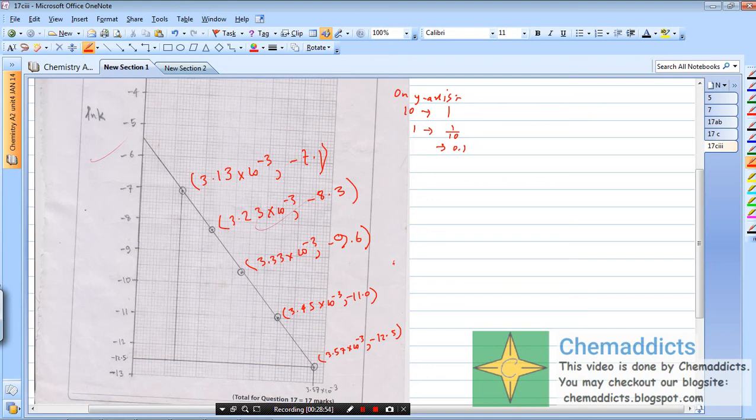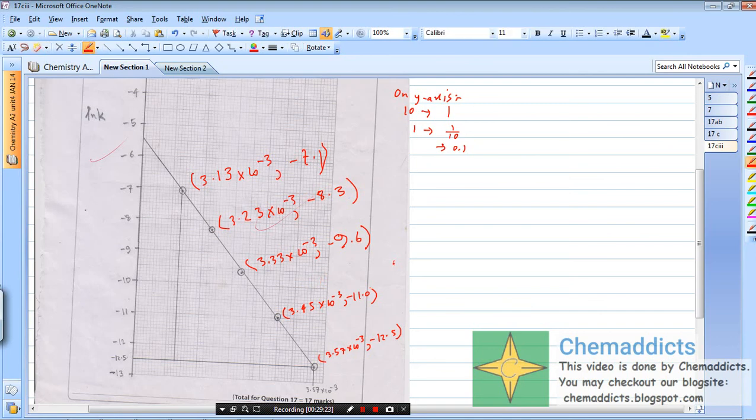So that is how we're gonna plot the best fit line. If the points are not on the straight line, that's fine, we're gonna draw the best fit line so that the points are really close to the straight line, and one may be out. Suppose this point must be out, since this is an anomalous reading. Okay, so that's how we're gonna do.